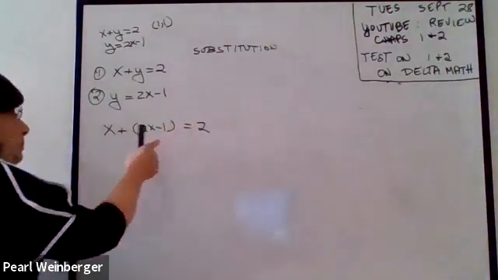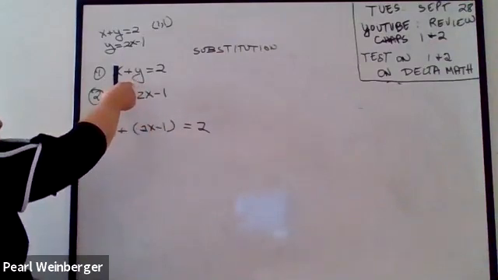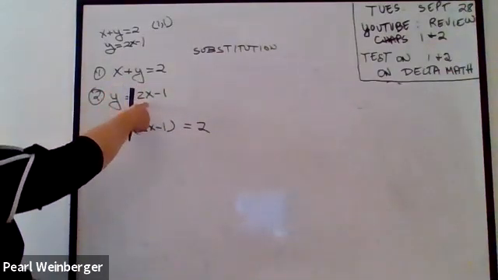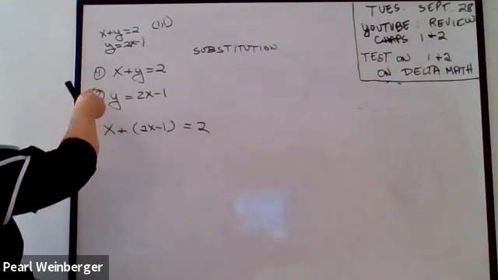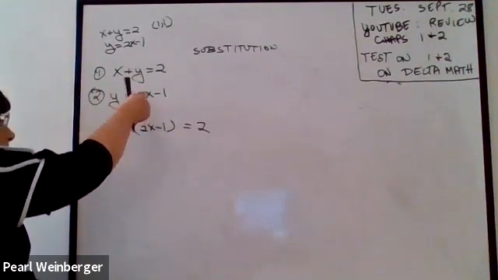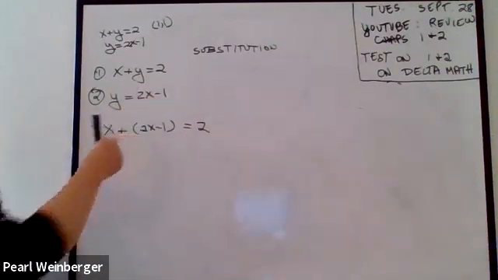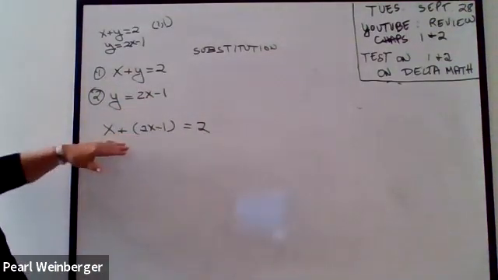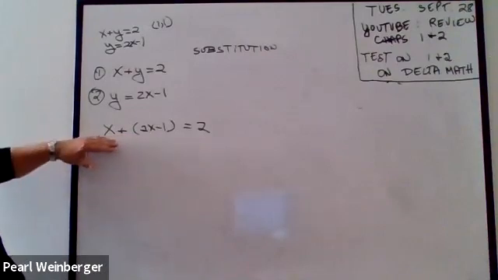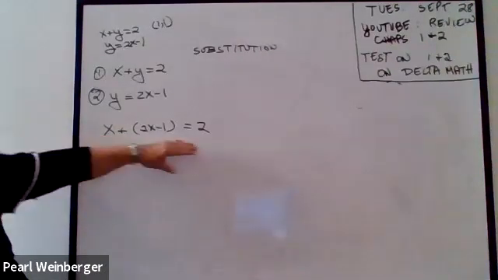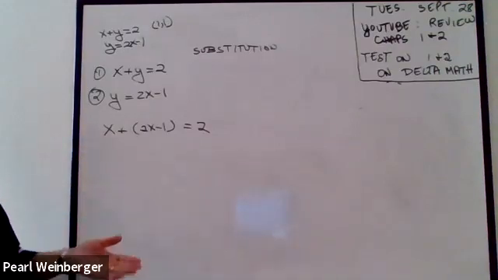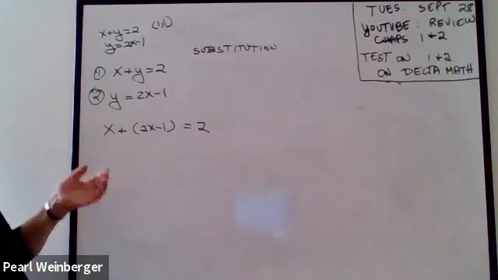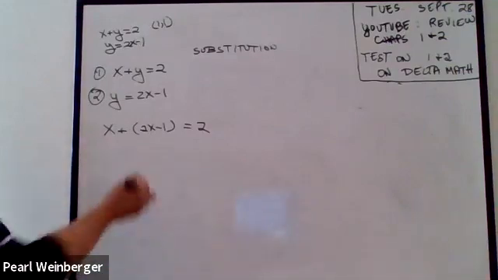I have substituted 2x minus 1 for y in my first equation, because my second equation is telling me that y is equal to 2x minus 1 and can be used in place of it. Now, the advantage of doing that is that I now have an equation that has only x's in it. It doesn't have two variables, so I can solve it.